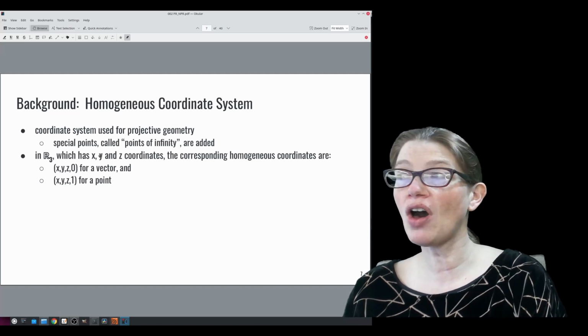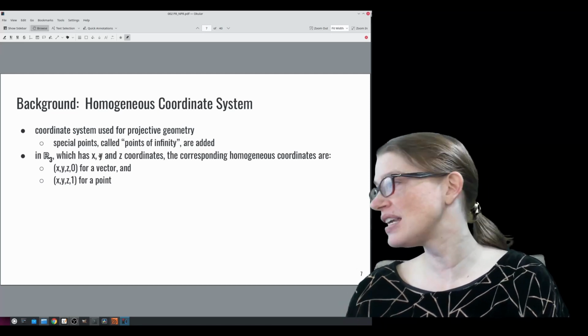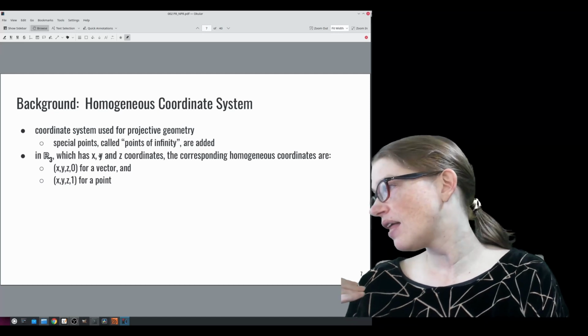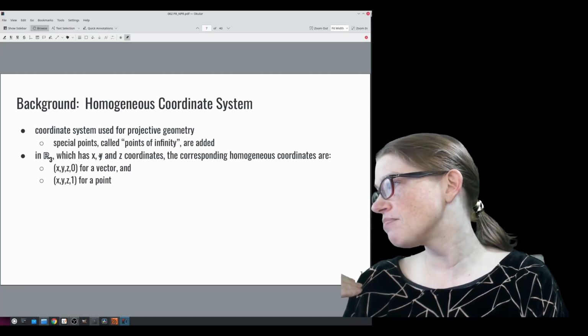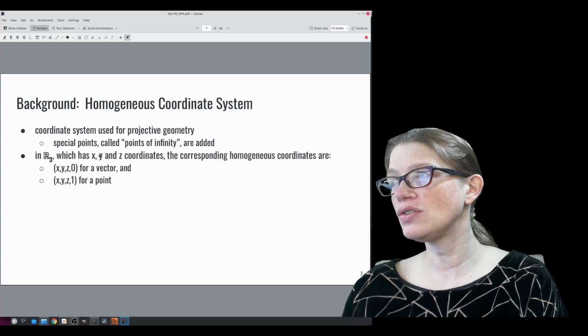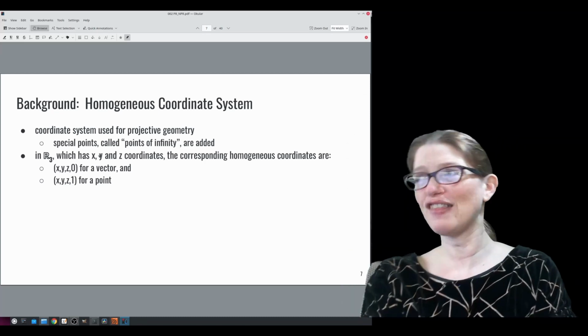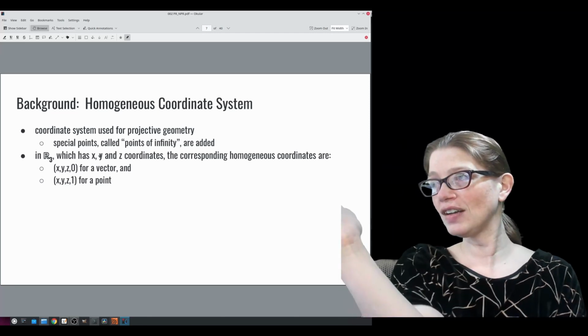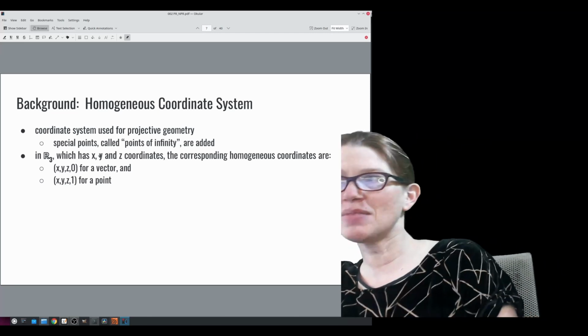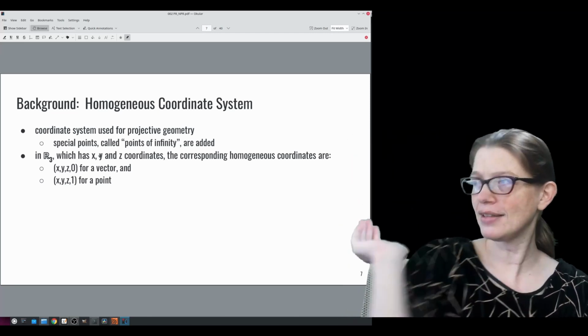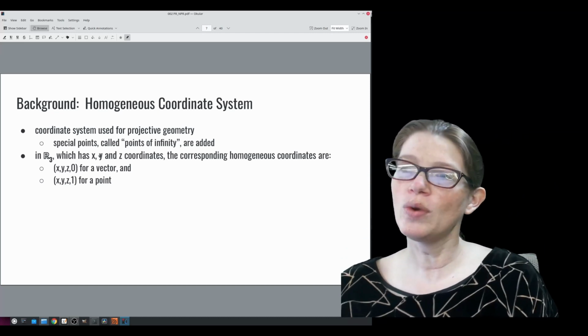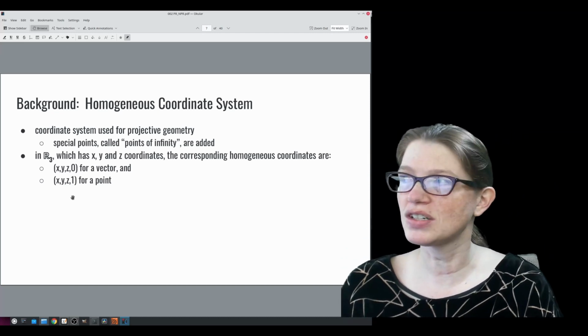This is going to be important when we're doing translation, because we don't translate direction vectors around. A direction is just like this. A direction here like this is the same as a direction over here like this. So we don't want translations to be applied to vectors themselves.